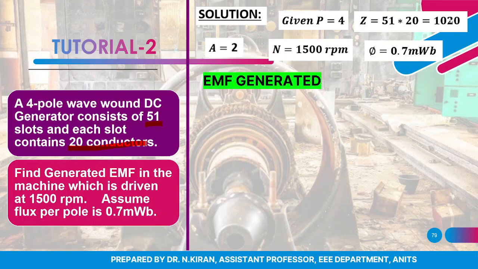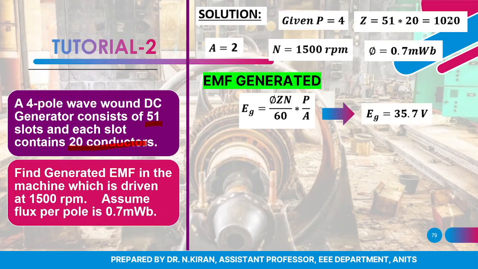We are asked to find generated EMF. We know the expression for generated EMF. It is phi Zn by 60 into P by A. Here we know all the values. Upon substitution, it will give me the value of generated EMF to be around 35.7 volts.